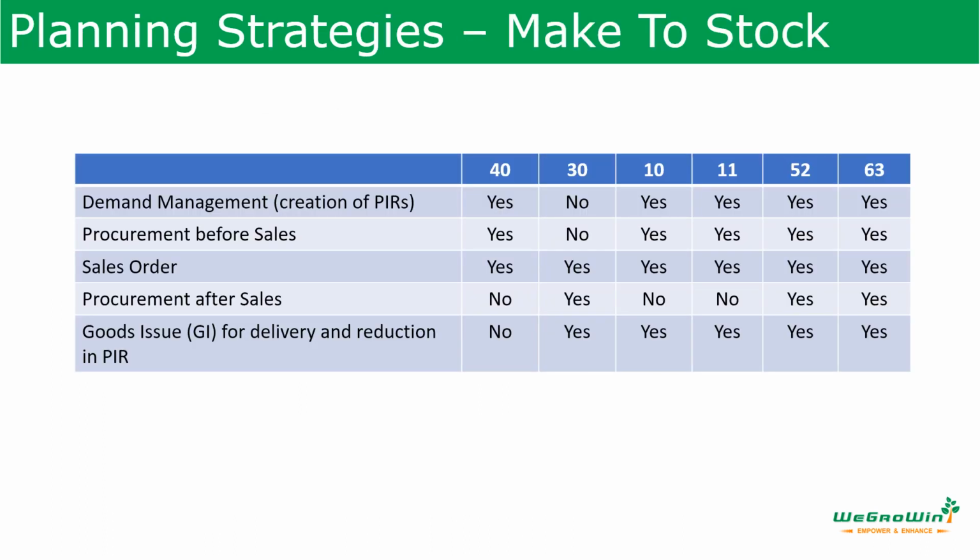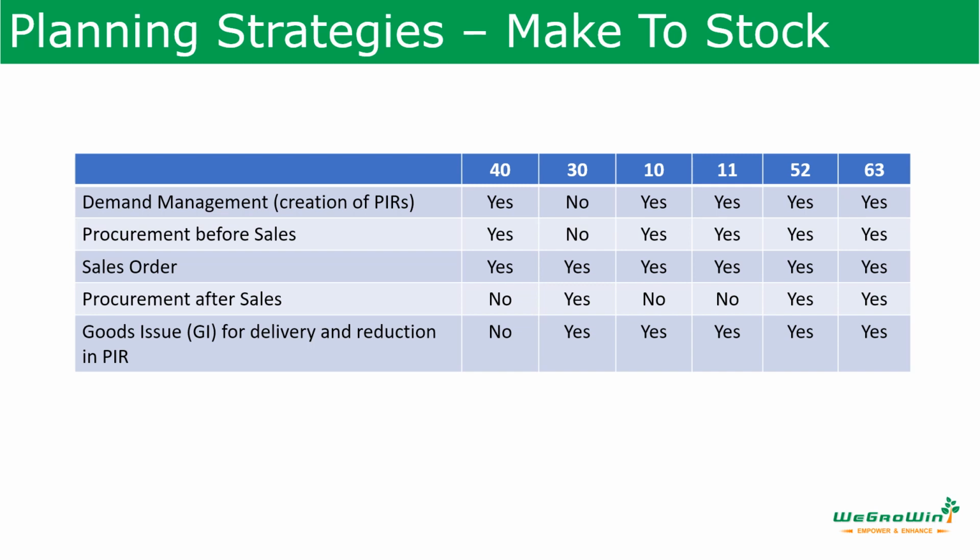What are the strategies used in make to stock? Strategy 40, 30, 10, 11, 52 and 63. In this, demand management is applied in all the strategies. Procurement before sales does not happen in strategy 30, and also PR is not there in 30. Sales order is applicable to all the strategies. Procurement after sales is happening in 30, 52 and 63.